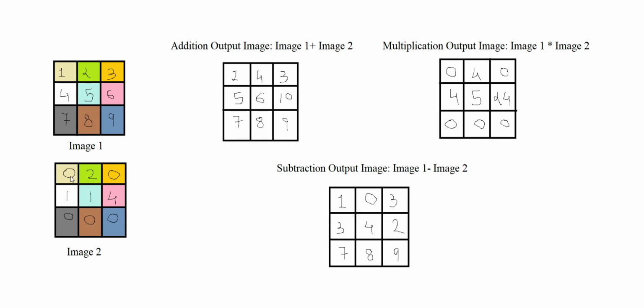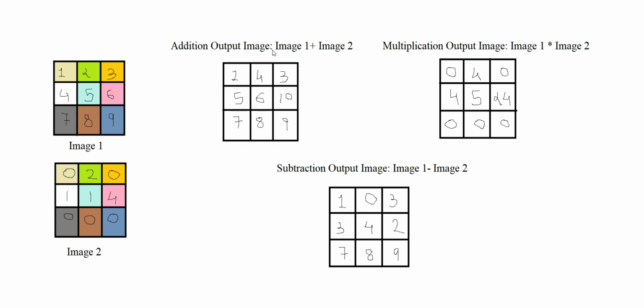For example, 3 plus 0 is equal to 3, 4 plus 1 is equal to 5, 5 plus 1 is equal to 6, 6 plus 4 is equal to 10. In this way the addition output image will be generated.